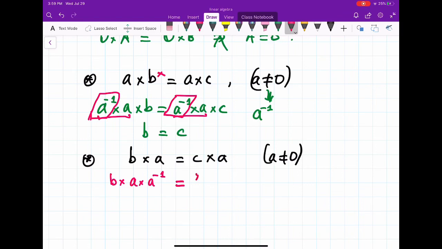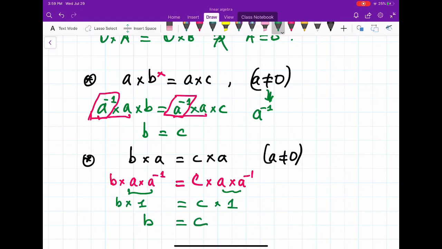Then I have C multiplied with A and A to the -1, and again this is 1. So you have B times 1, and here C times 1. From here you get B equal to C. So in case A is not 0, you may multiply with the inverse of A, and depending on the position of A, you may multiply from the left or from the right to cancel A out.